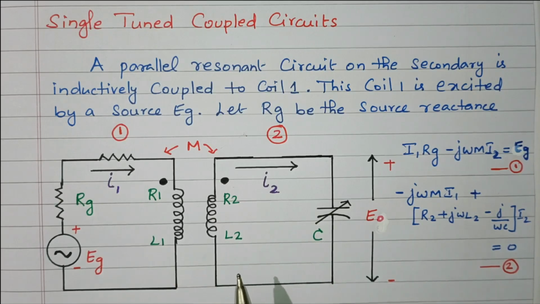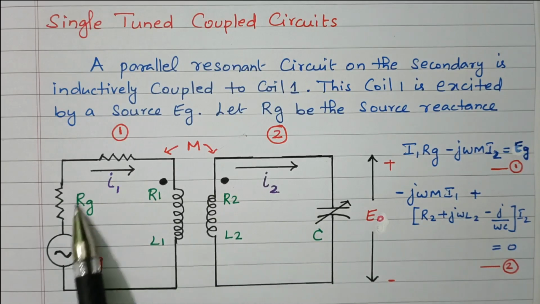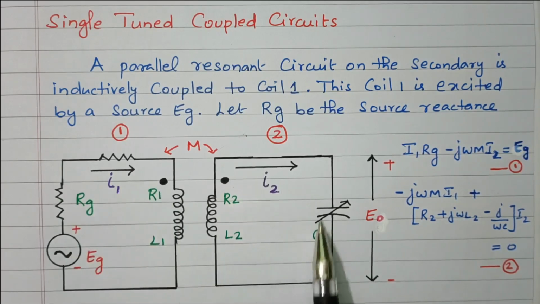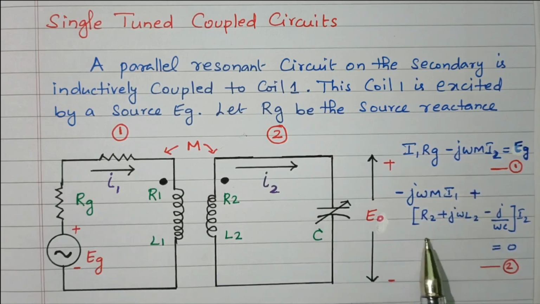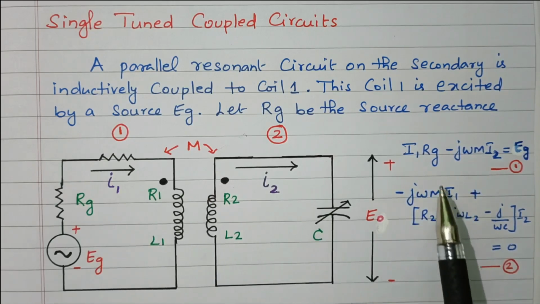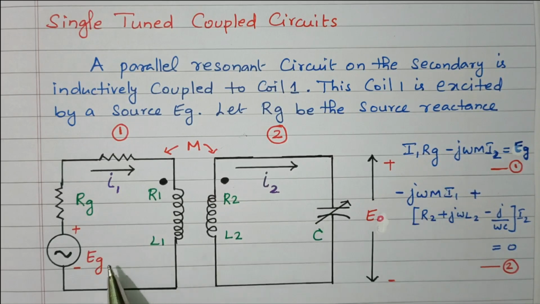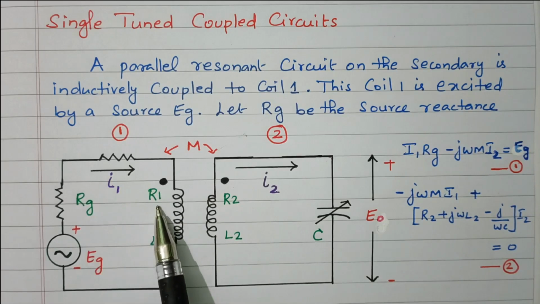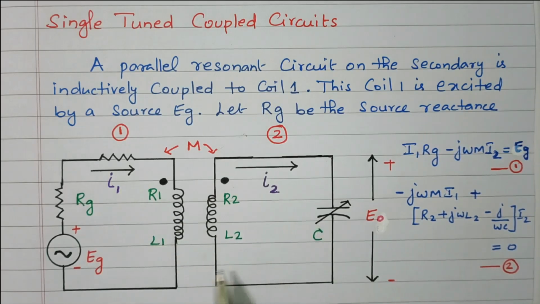Now we need to go for the mesh equations. By using KVL we frame the equation for coil 1 as well as coil 2. The applied voltage is equal to the drop across the resistor and inductor. So Eg is equal to the drop across Rg, R1 and L1.